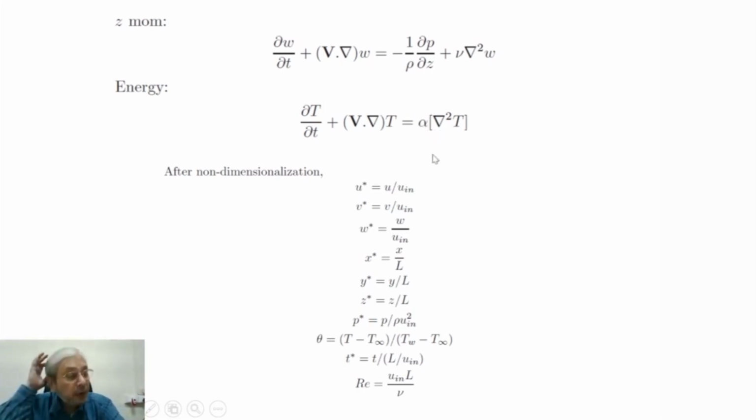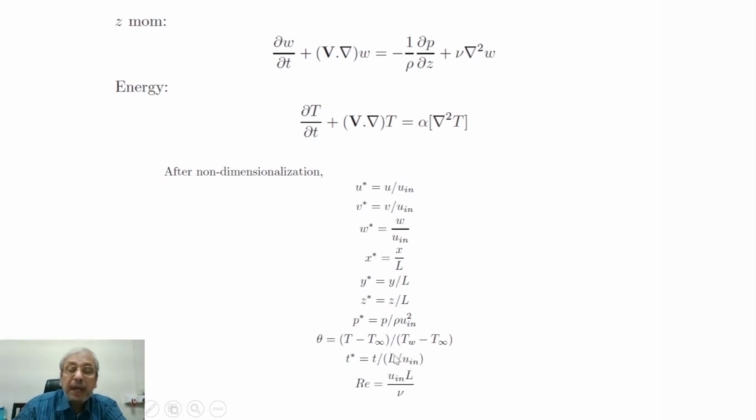Now if we non-dimensionalize the velocity quantities by a reference velocity, length quantities by a reference length, pressure by rho times velocity square, and theta is (T minus T infinity) divided by (TW minus T infinity), and time t star, the non-dimensional time, is expressed as t divided by the convective time.